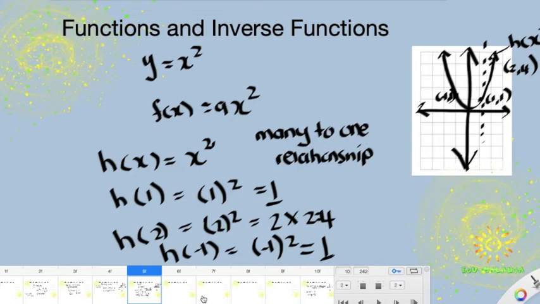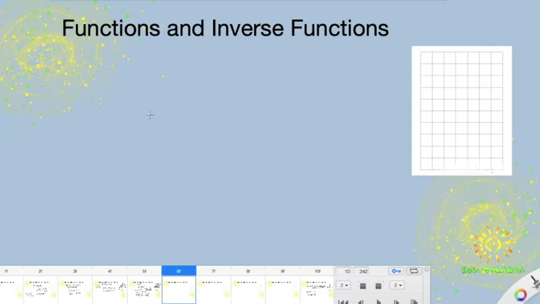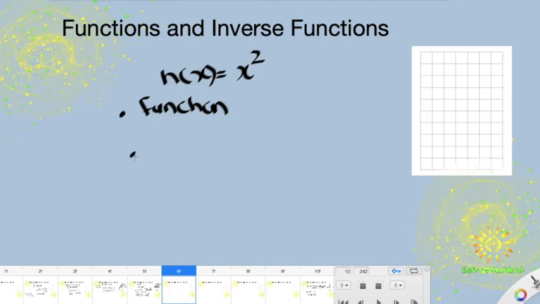I'm going to continue on the next page. So the vertical line cuts the graph of h(x) only once, therefore we said it was a function. So h(x) is equal to x squared. And then we also said that we need to check the many to one relationship. Go across, like I taught you in the previous slide.